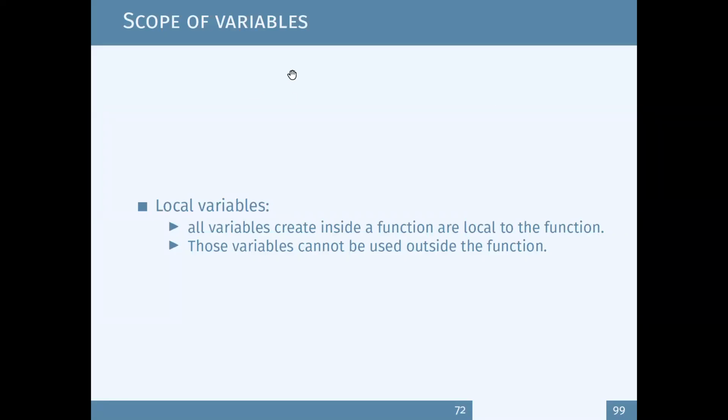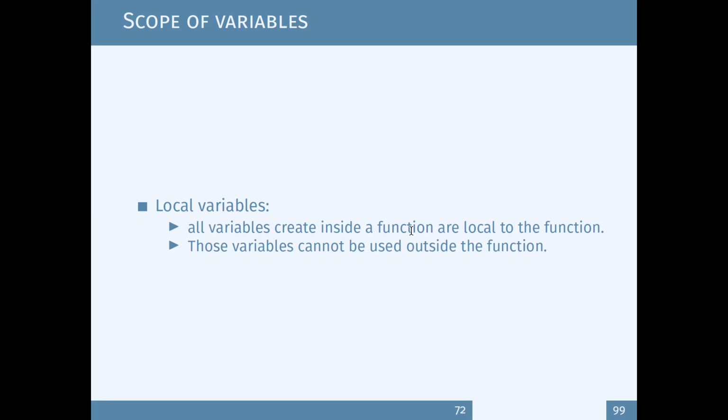The scope of variable means how visible our variables are when we create functions. What you need to note here is that all the variables that we create within the function are local to the function, which means you cannot use them outside.